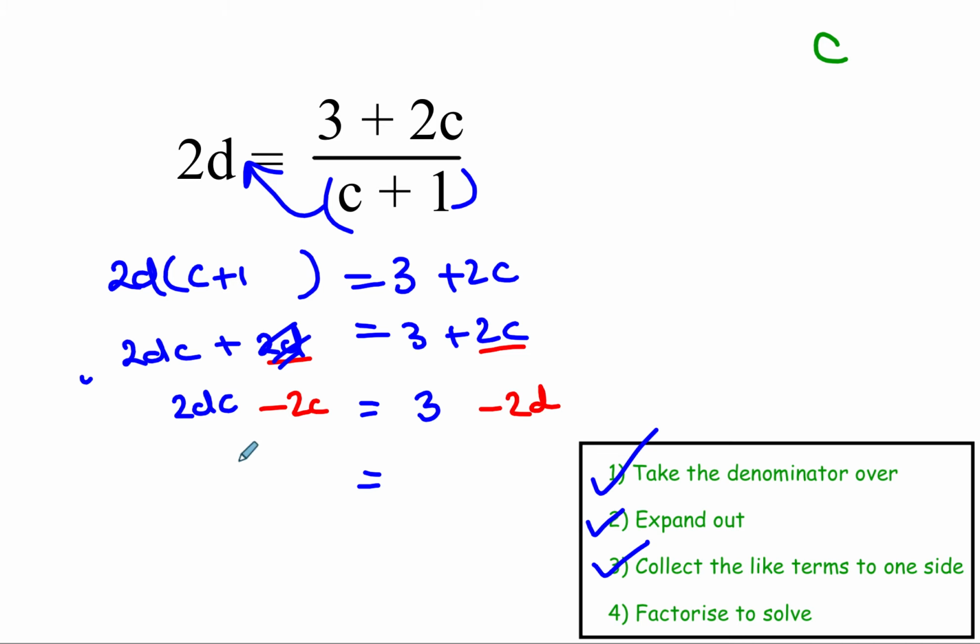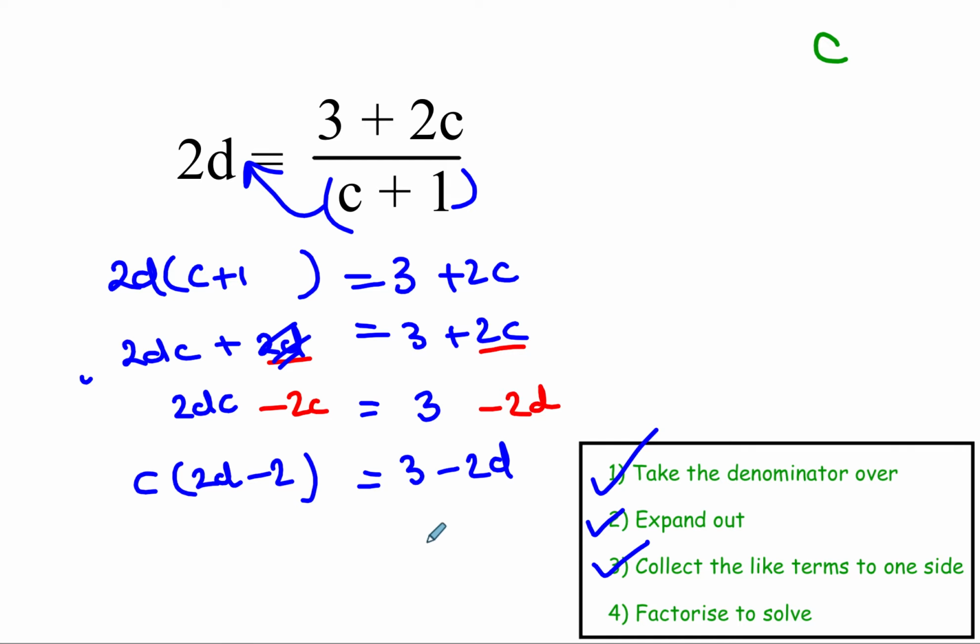Fourth step, we're going to have to go back and factorize. We're making c the subject, so we want c to be outside of a bracket, so c times by what to get you 2dc, that's 2d, and c times by what to get you a negative 2c, and that's negative 2, and then I have a 3 minus 2d.